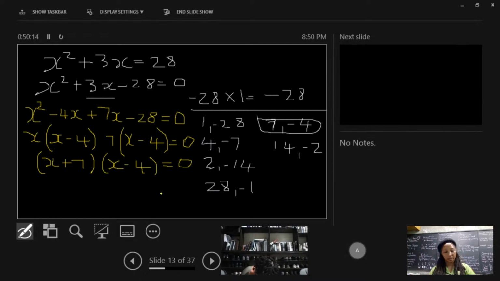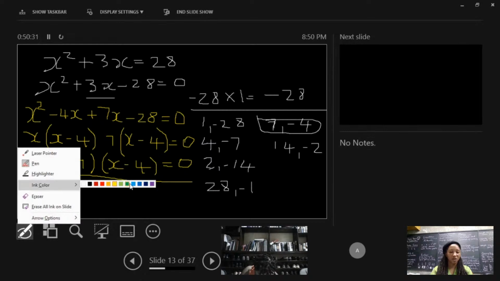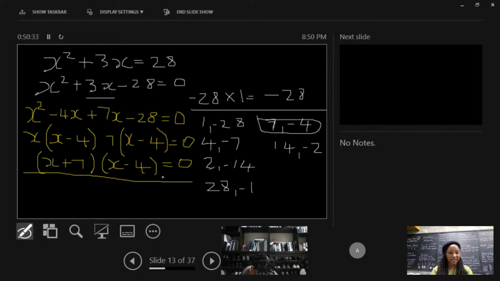And then that's our answer. All right. Okay. You want to expand it or not? Let me use a different color just to show that this is the actual answer. So what we're doing now is just to expand to check.